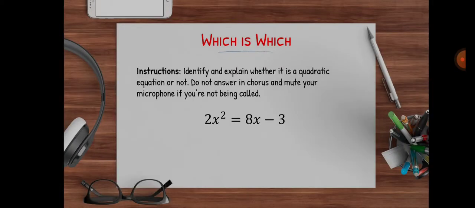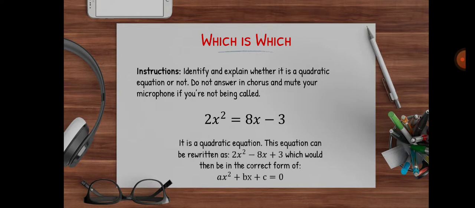2x squared equals 8x minus 3. Do you think that this is a quadratic equation? Let us see. It is a quadratic equation. This equation can be rewritten as 2x squared minus 8x plus 3, which would then be in the correct form of ax squared plus bx plus c equals 0.